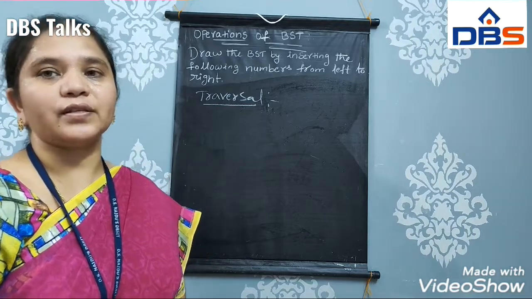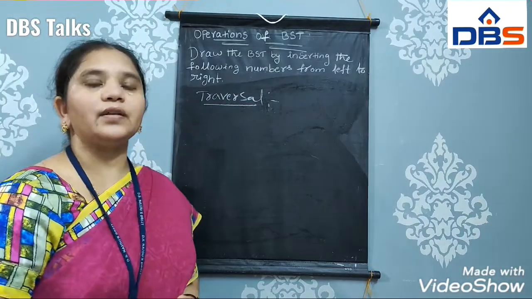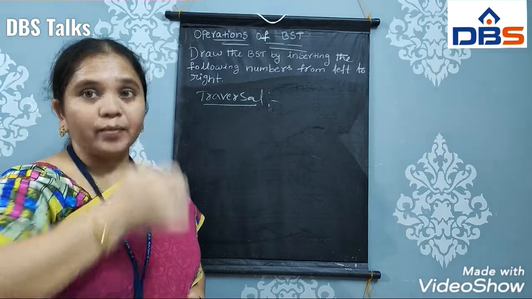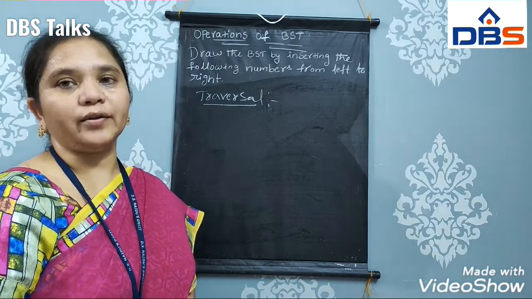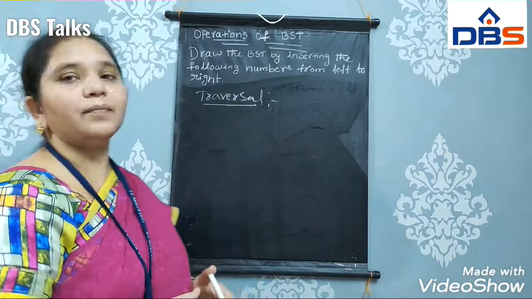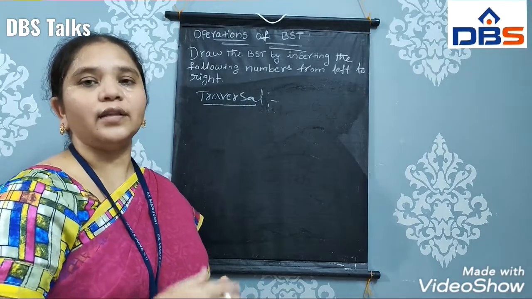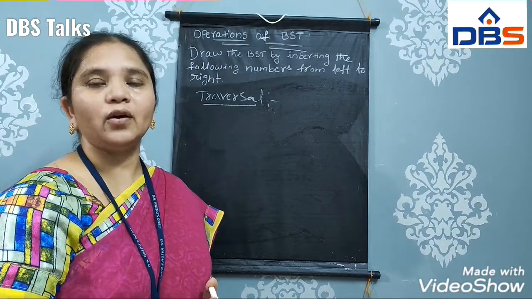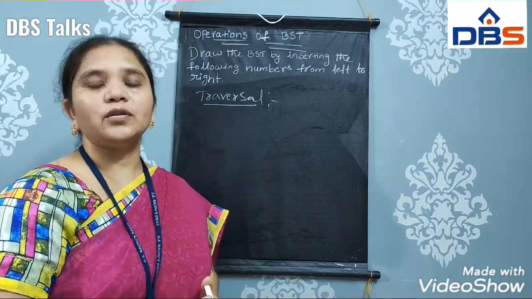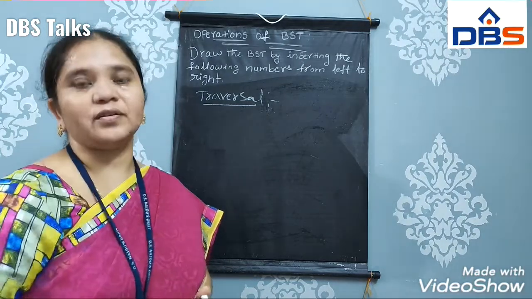That is called traversal. So we are going to traverse the BST by using in-order, preorder, and postorder. We already discussed these in binary tree. So according to this BST, how we are going to perform in-order traversal, postorder traversal and preorder traversal.